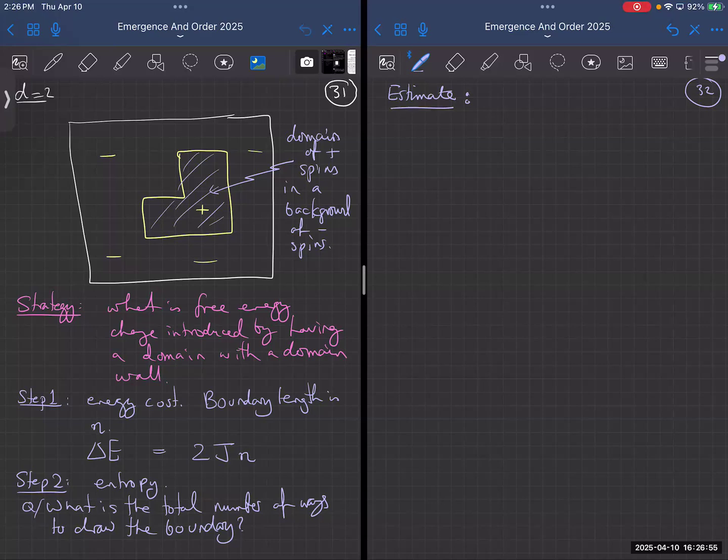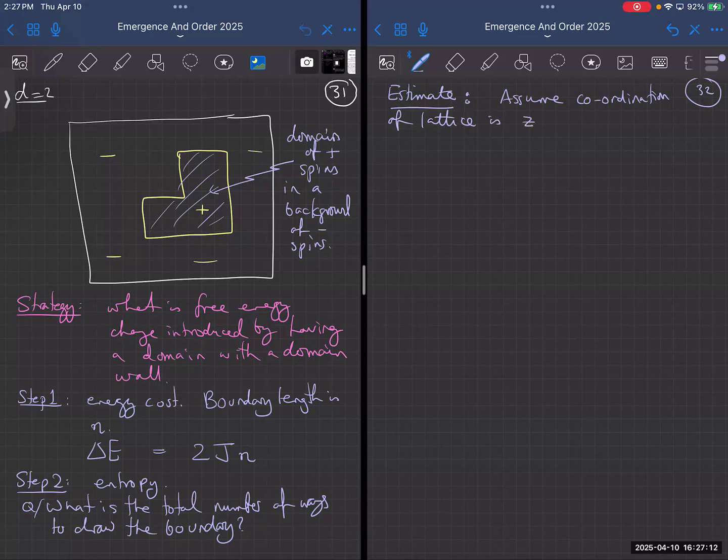We're going to assume that the lattice that we're on is say a square lattice or some other lattice. So assume that the coordination number of the lattice is little z.